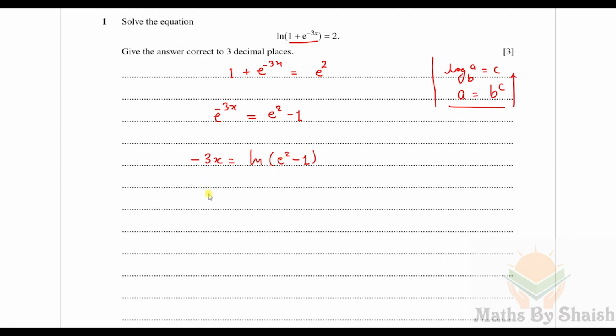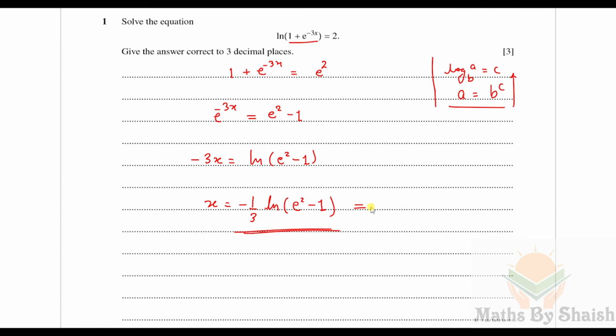From here we'll get x as minus 1 over 3 ln of (e squared minus 1). So that's the answer, and we need to write it correct to 3 decimal places. So we will calculate this from the calculator.